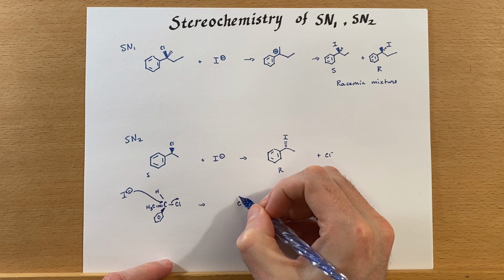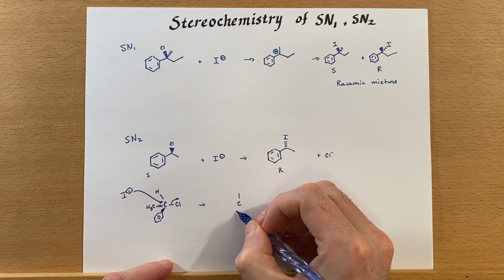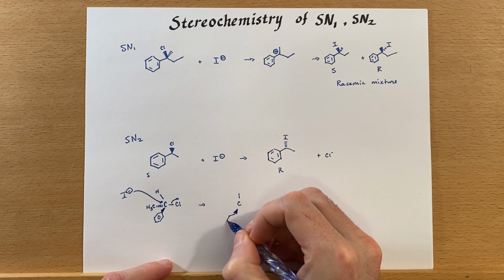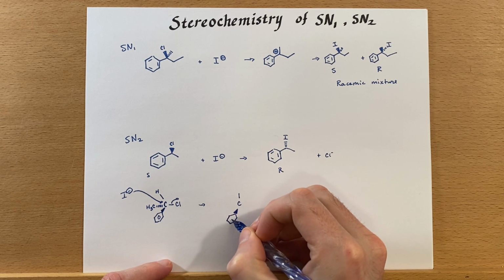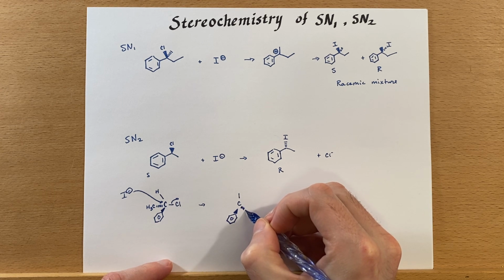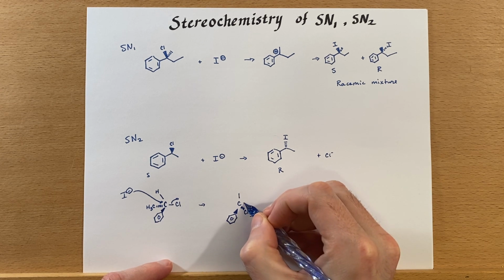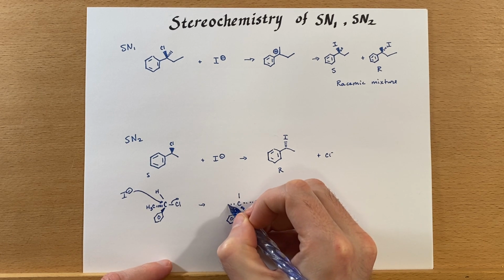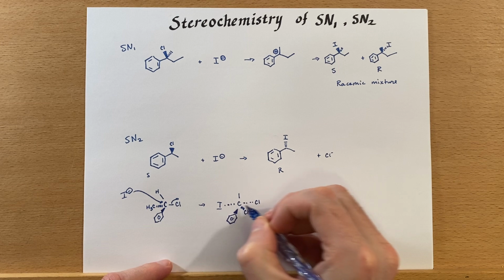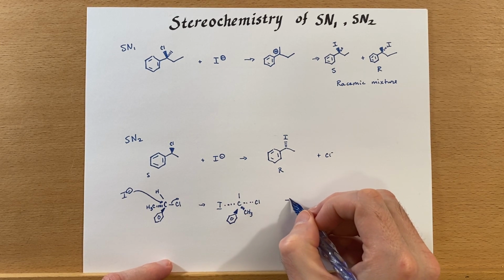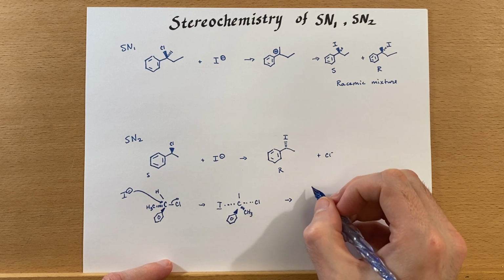So we'll have our carbon, and then coming out of the page is our benzene ring, phenyl group. Going into the page is the methyl. And then we have our chloride and we have our iodine starting to interact with the molecule here. And then as we transition over to the product, we make this.